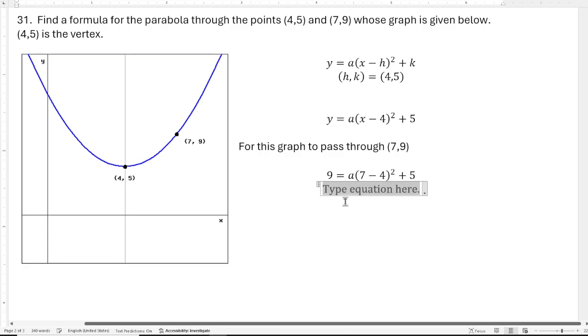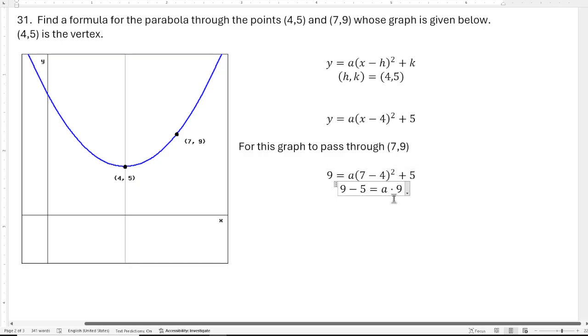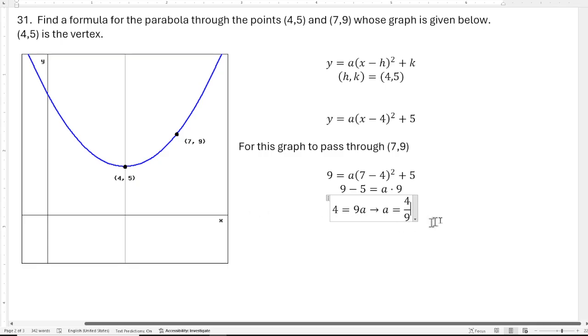And that gives you 9 minus 5 equals a times 9, because 7 minus 4 is 3, and 3 squared is 9. Subtracting 5 from both sides, you get 4. And therefore you get 4 equals 9a. And that gives us that a is equal to 4 over 9, by dividing both sides by 9.